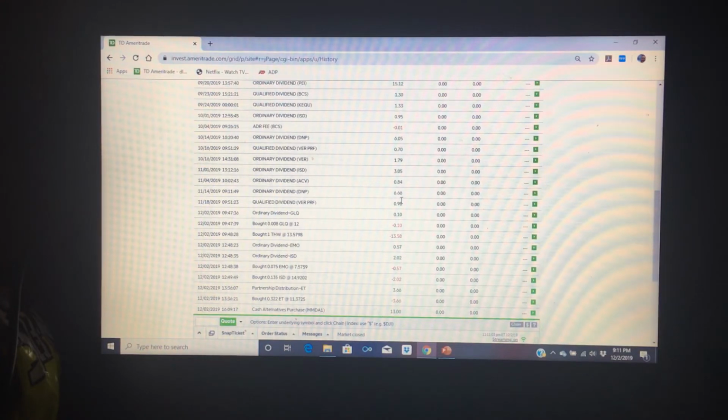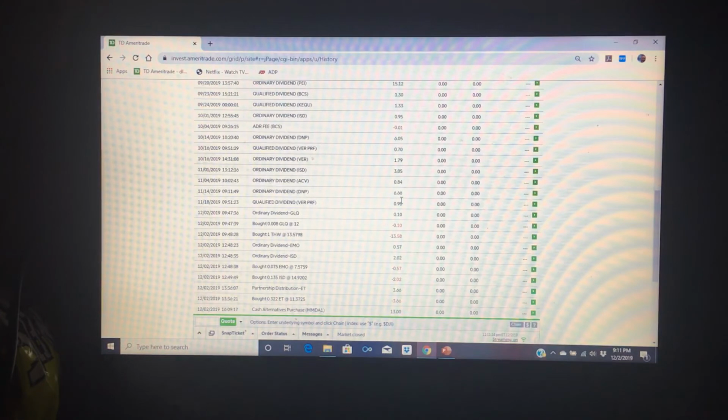Not because I added more to it, but because they took that first dividend and bought another part of a share. Well, then when the next dividend comes out, I get it on the shares that I originally owned, plus the part that the dividend reinvested. So you can see that each month, this is automatically going to go up, even if I don't add any more money to it, because it's adding money to itself.